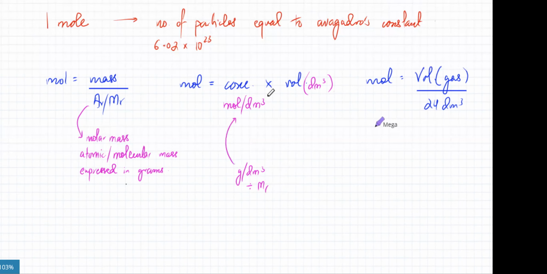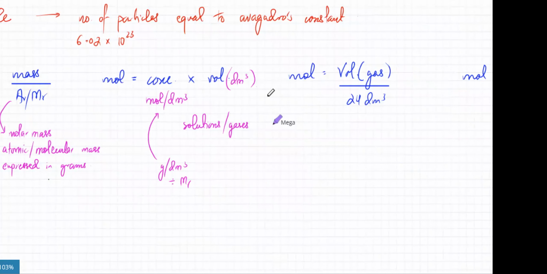So it's going to become mole per dm cube. So make sure you remember that as well. Sometimes concentration is given in gram per dm cube. And this formula is mainly for solutions, and rarely used for gases.